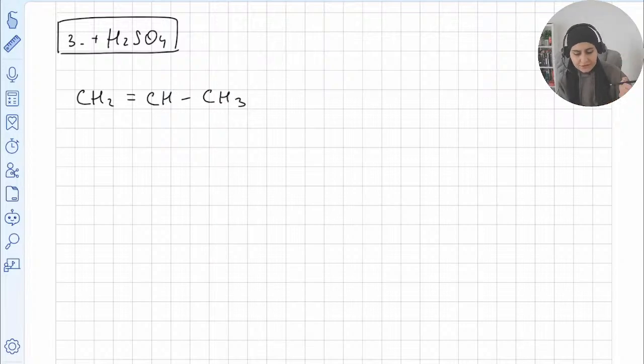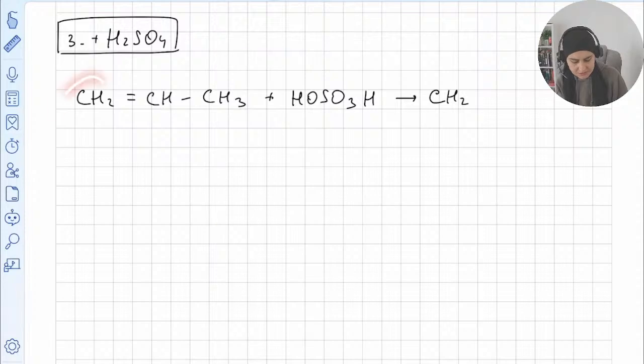Okay, so H2SO4, you can write it as HOSO3H. For some reason they insist on that notation, so just use it like that, but it's H2SO4, you see it, right? So 2 H's, 1 S, and 4 O's. And again, of course, 2 products would be possible, right? So H can go to this C or to that C, but I will just write 1 product.